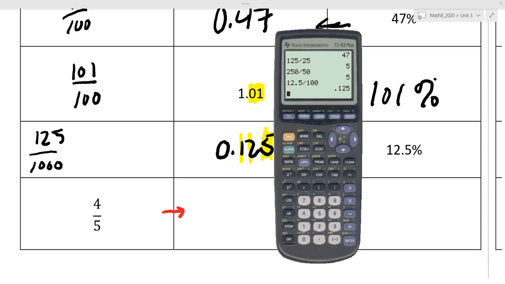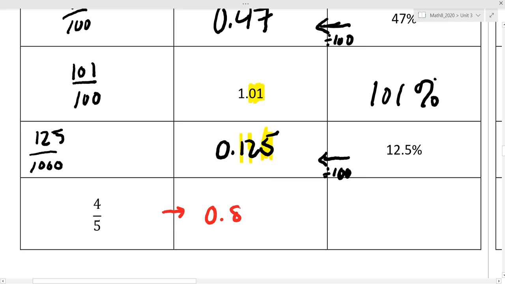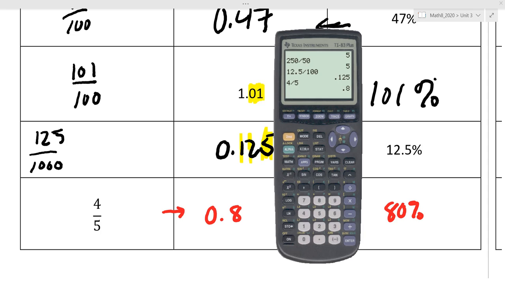If you're on your calculator, just divide 4 by 5. What's that as a percentage? 80%. You take your decimal and times it by 100. 0.8 times 100 is 80%.